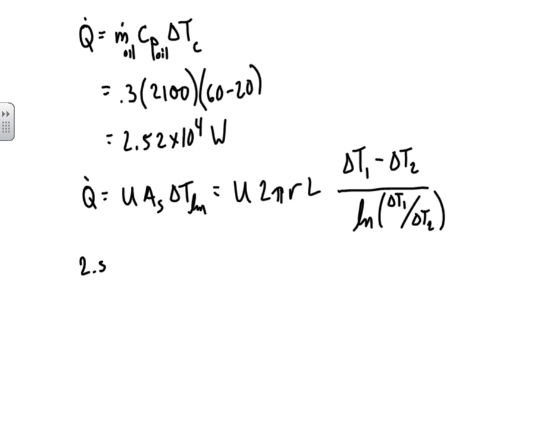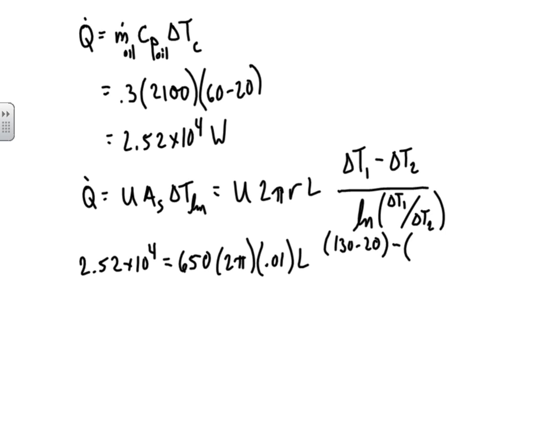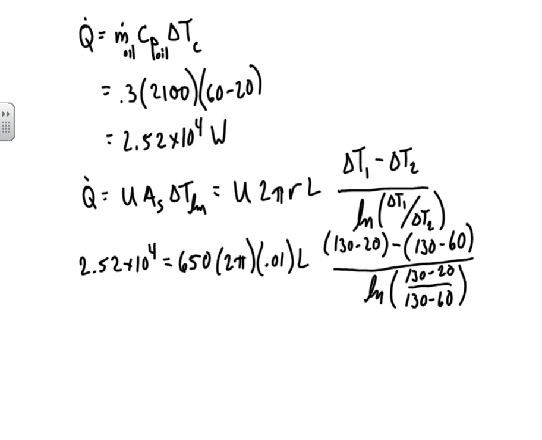Q dot is 2.52 times 10 to the 4. U is equal to 650 times 2 pi times the radius is 0.01 meters times L times delta T1 is 130 minus 20 minus delta T2 130 minus 60 divided by the natural log of delta T1 130 minus 20 divided by delta T2 130 minus 60.